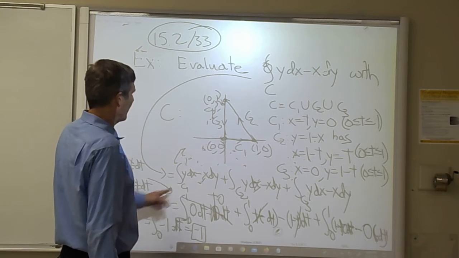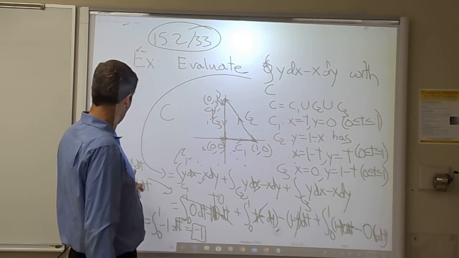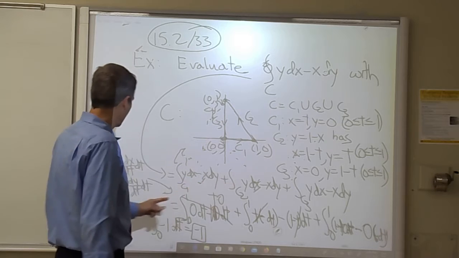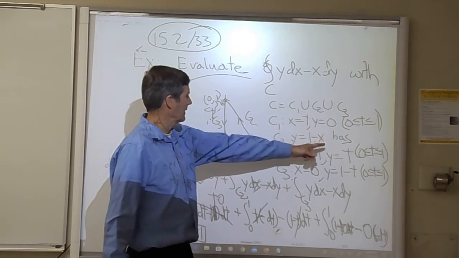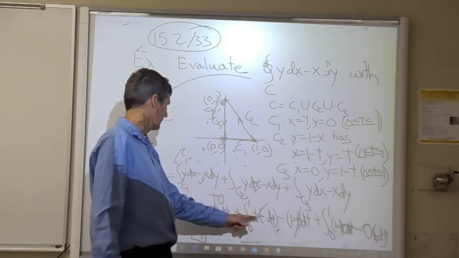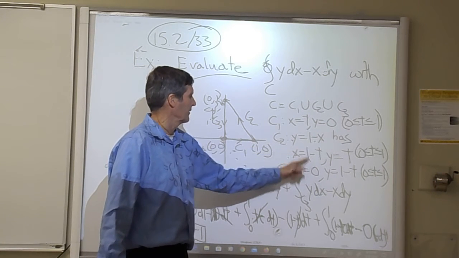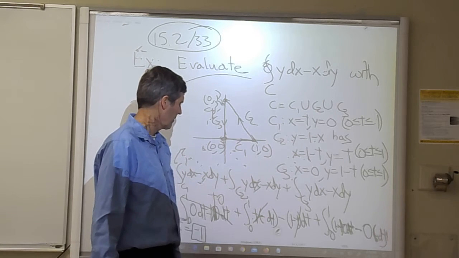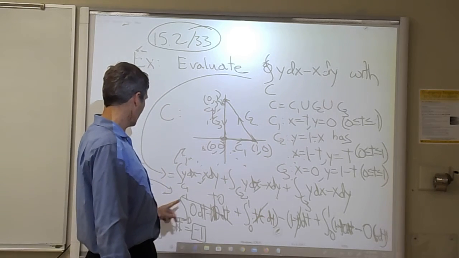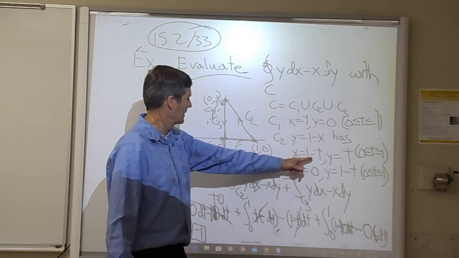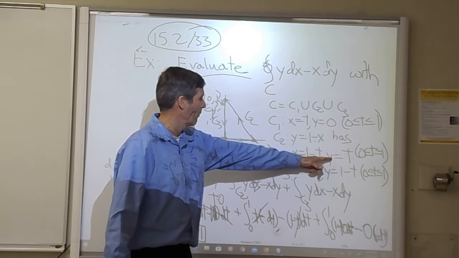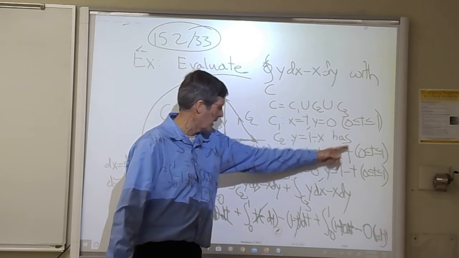Now along the second path, C2, we want to integrate y dx. Well, y is t, and x is 1 minus t, so dx is the derivative of this, minus 1 dt. And then minus x dy. x is equal to 1 minus t, and dy is the derivative of y, 1 dt.